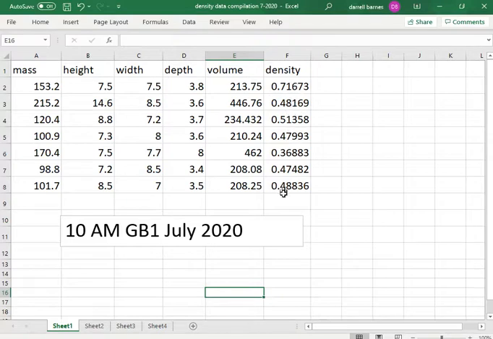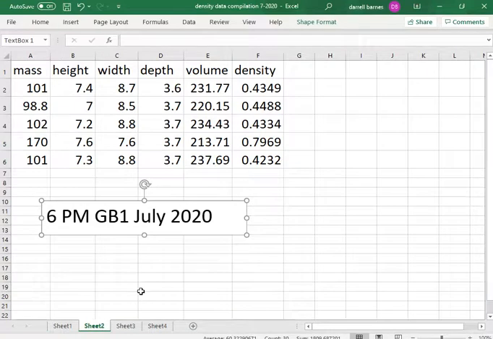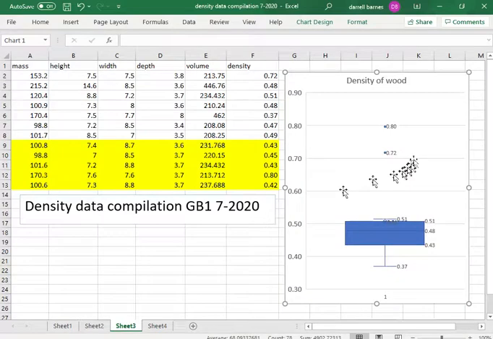Notice that it has lots of significant figures. This is the 10 a.m. class. This is the 6 p.m. class. And notice that when I started attempting to analyze this data, I went down to a couple of sig figs. One of the reasons is that the scale measures, I believe, to the 10th or the 100th place, but when we measure with the rulers, we're going to the millimeter at best, 2 sig figs.